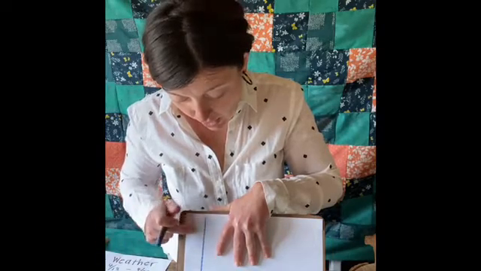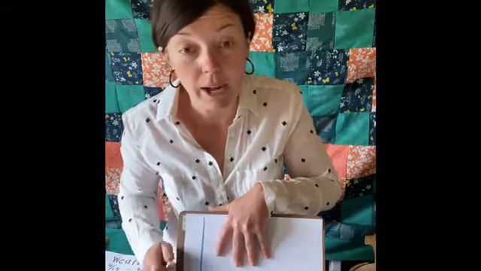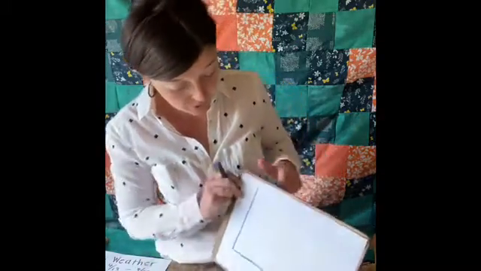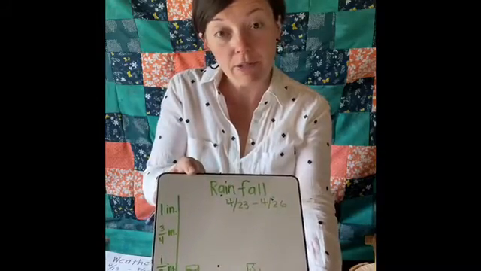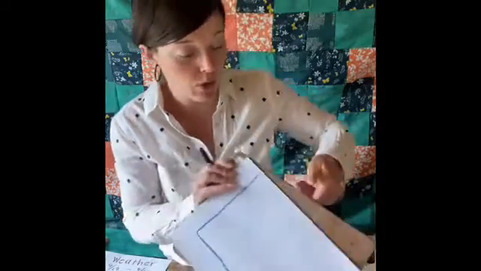Okay, on this side we're going to be writing the measurements again. So let's go ahead and, just like we did with this bar graph, label that side of the graph the same way.